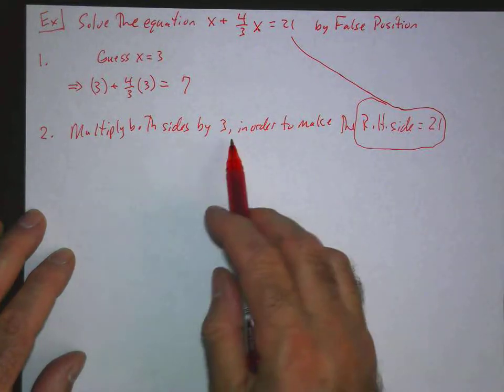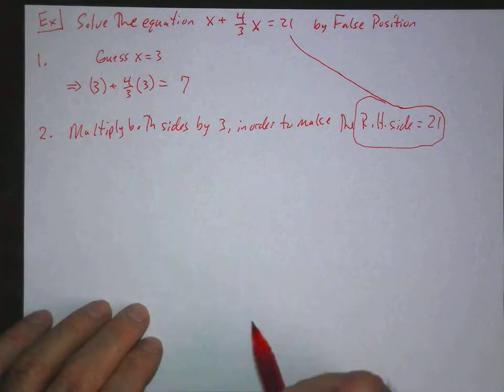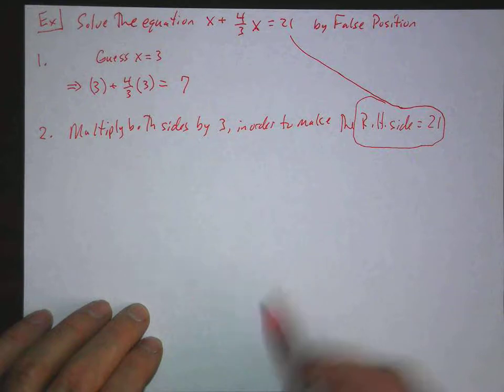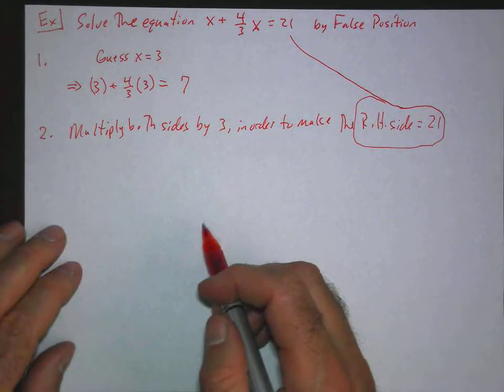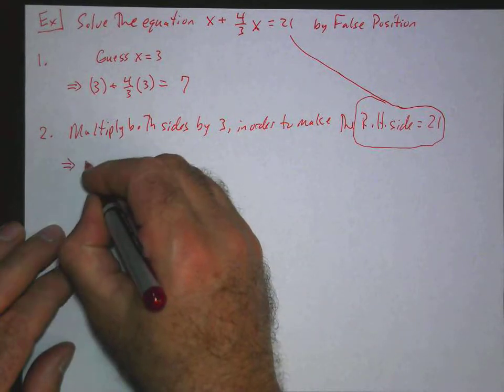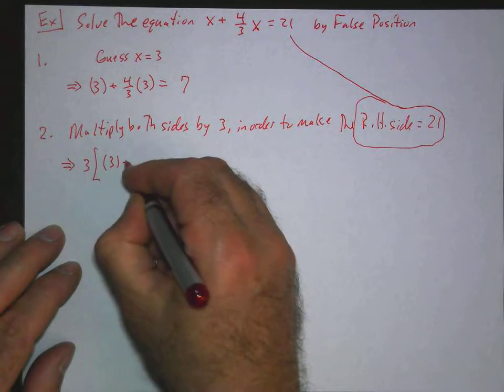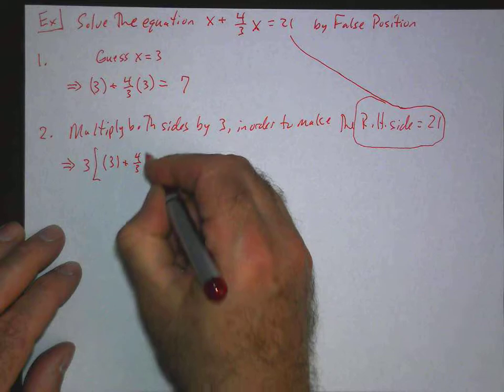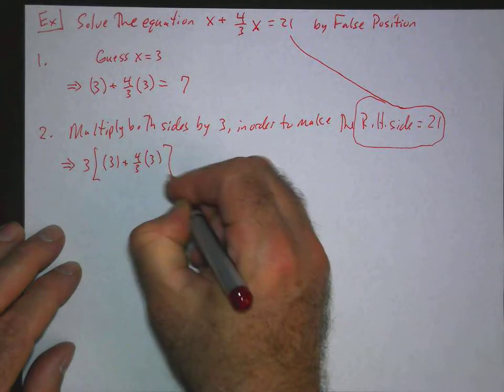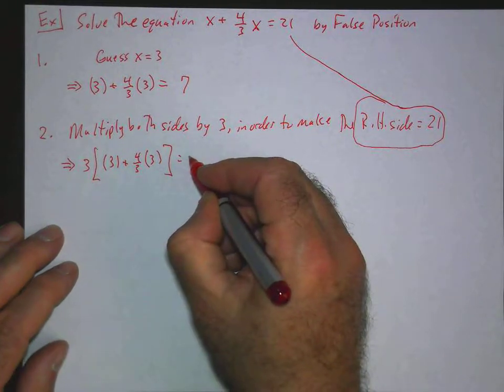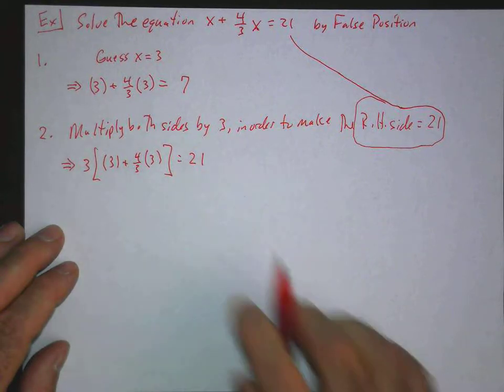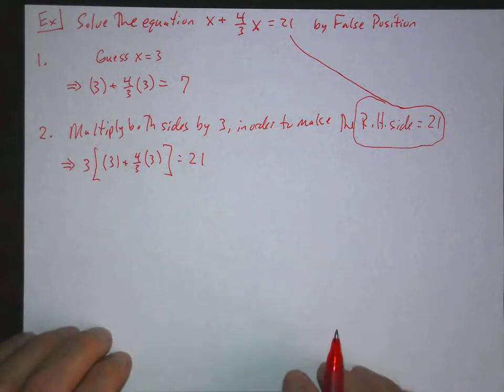We multiply both sides by 3 in order to make the right-hand side equal 21. Beautiful.